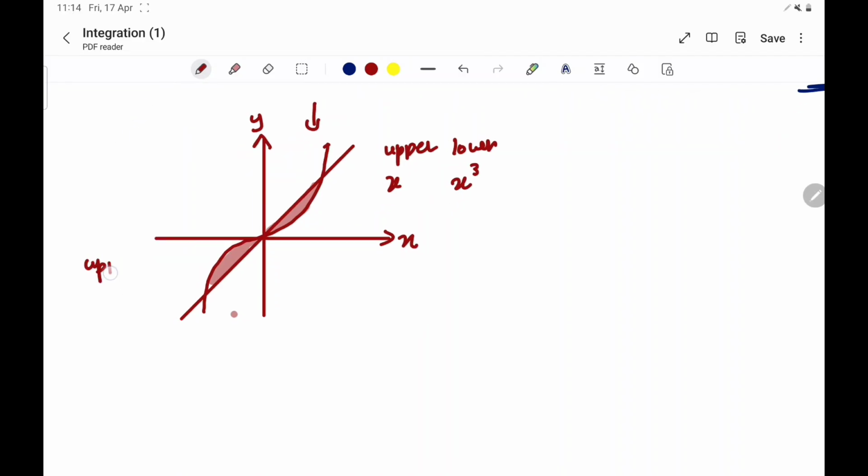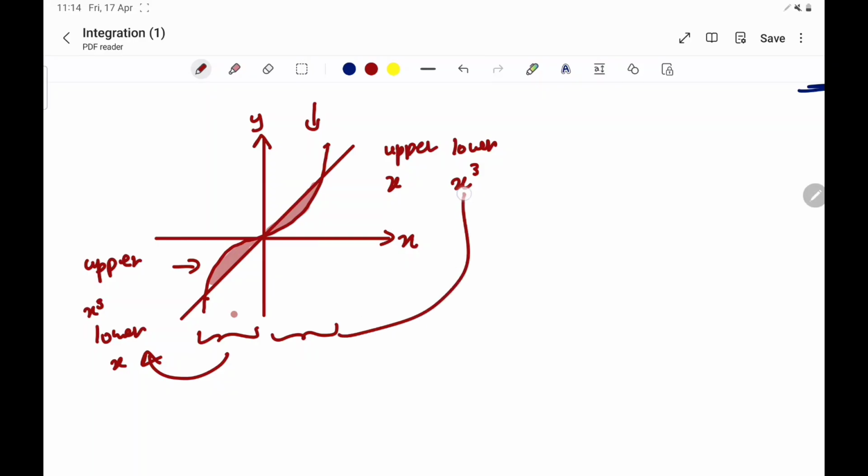For this side, if you check, the upper is x to the power of 3, lower is x. So from here to here, we have to follow this one. From here to here, we have to follow this one, because it's a different position.